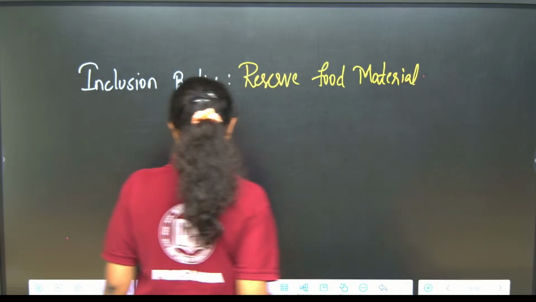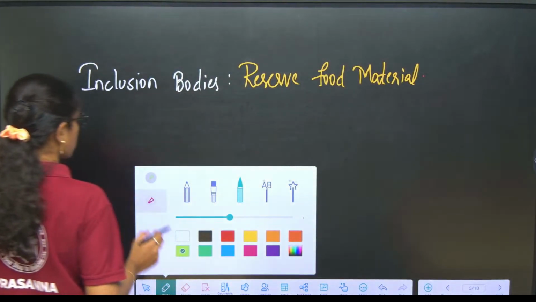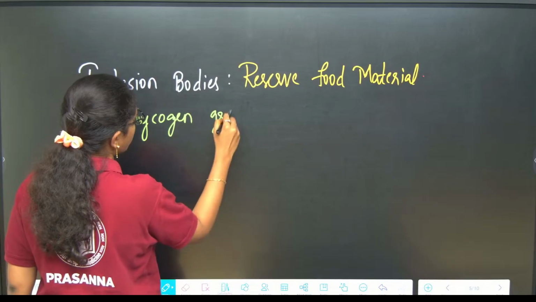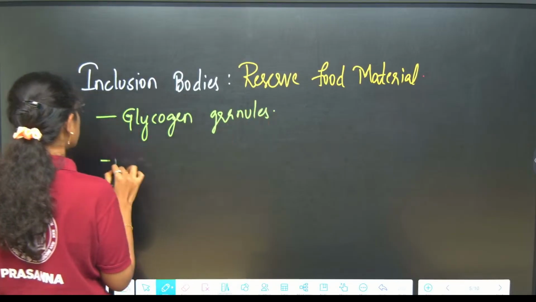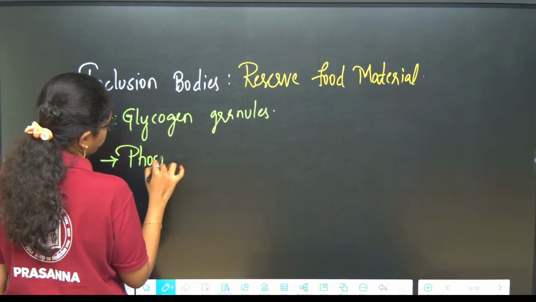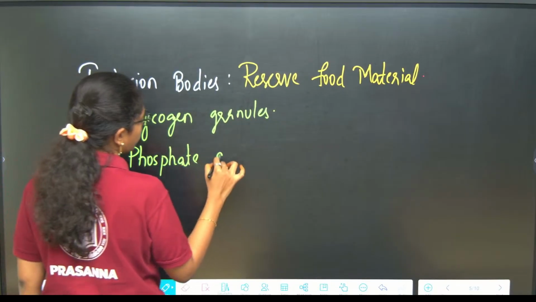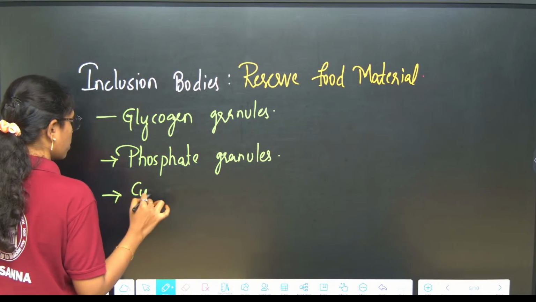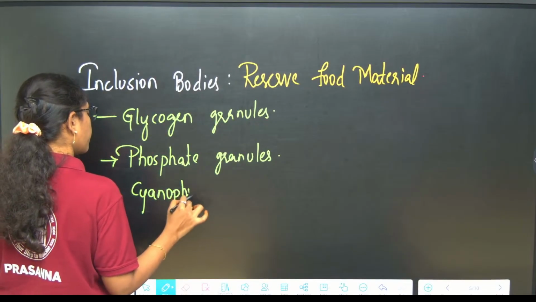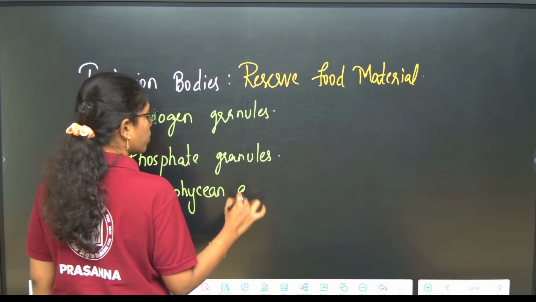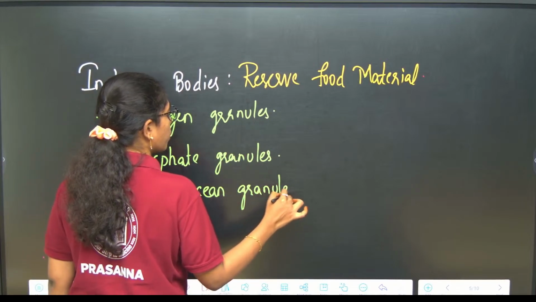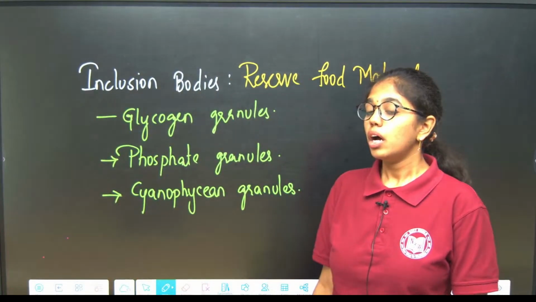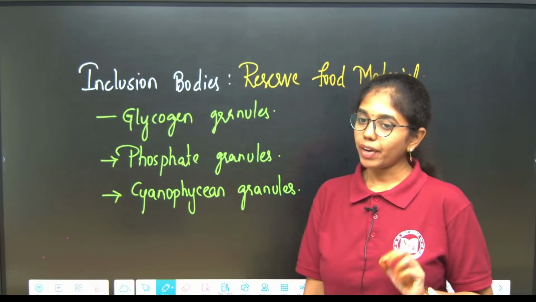So, this reserve food material can be glycogen granules, phosphate granules, cyanophycean granules. So, these are the reserve food material inclusion bodies. There is no membrane bound organelle that is identified inside the bacteria.